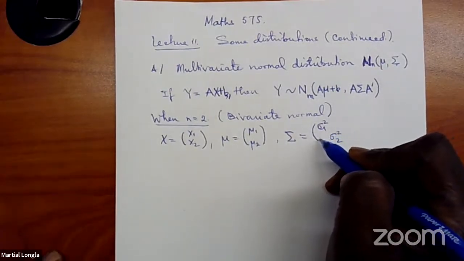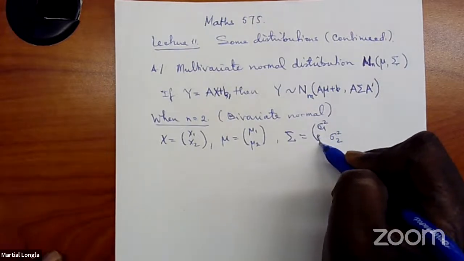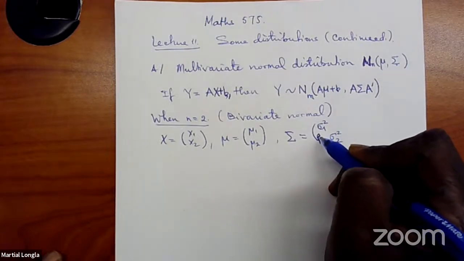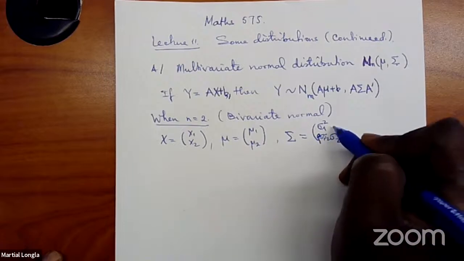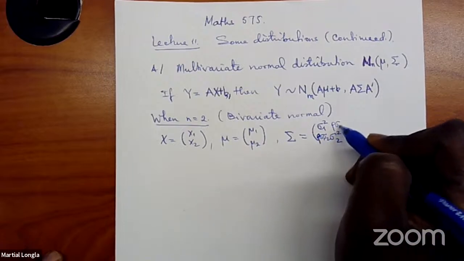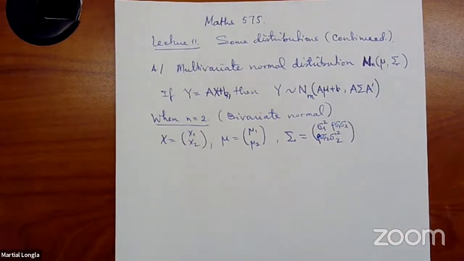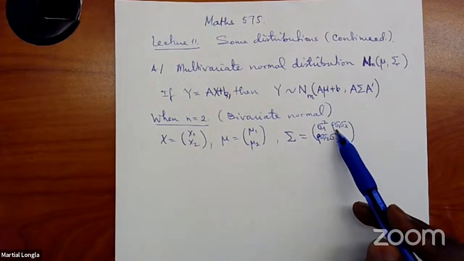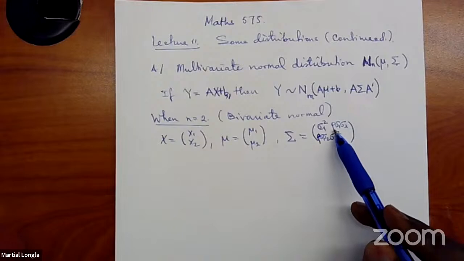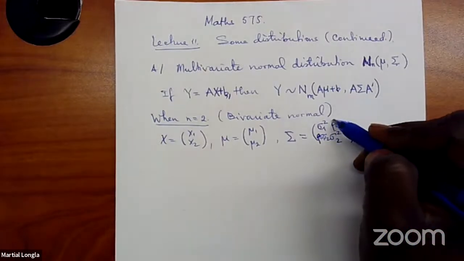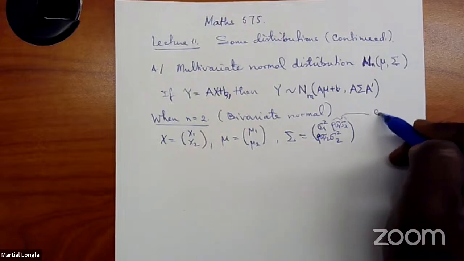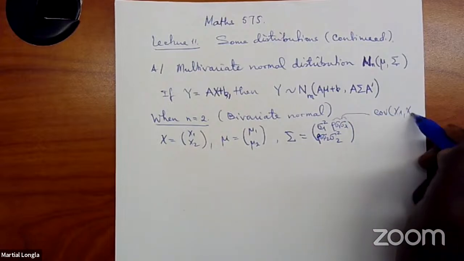And usually, I would say here it's rho sigma 1, sigma 2. Remember that the rho, by definition, is equal to the covariance divided by sigma 1, sigma 2, right?